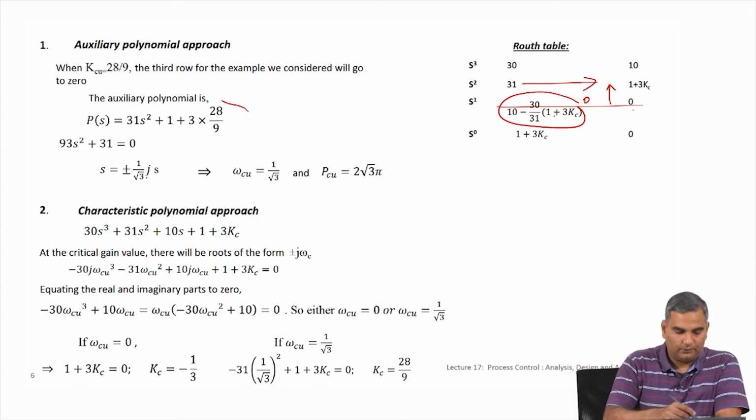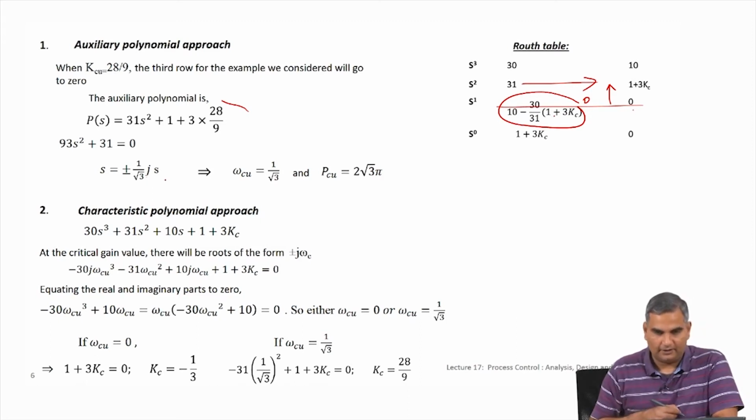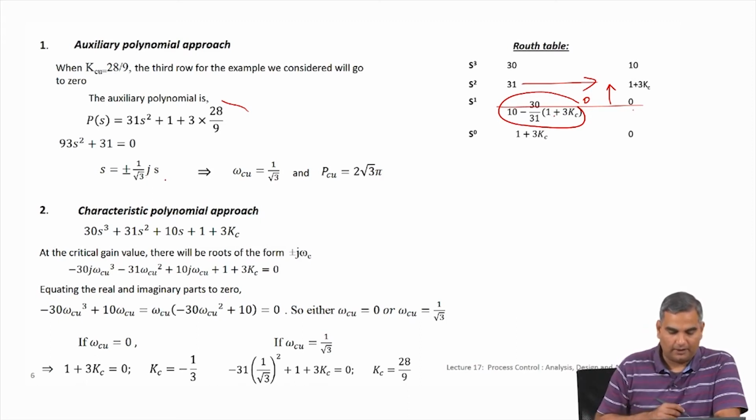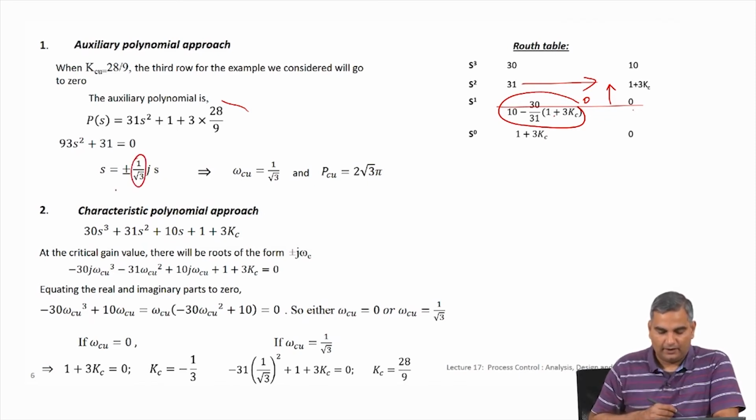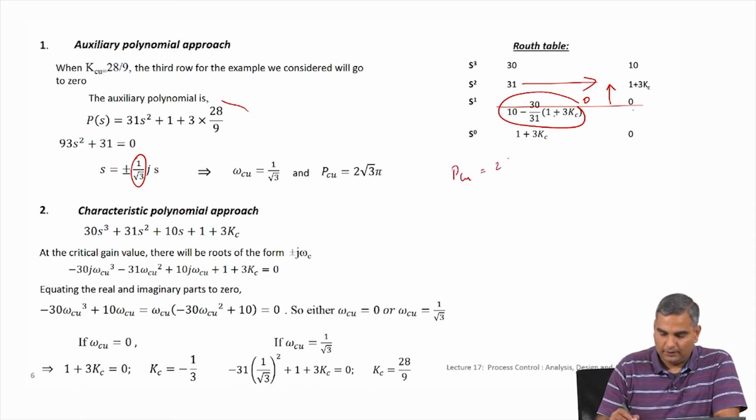So, for example, you will see that you will get imaginary solutions alone, no real part. So, omega is whatever you have here, and we said that Pcu is 2 pi by omega Cu. So, this is 2 pi divided by 1 by root 3. So, this will be 2 root 3 pi, which is what we have here.